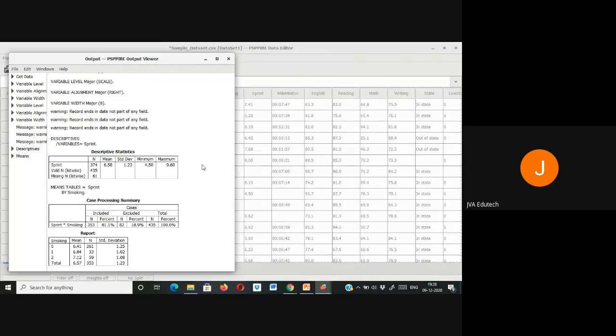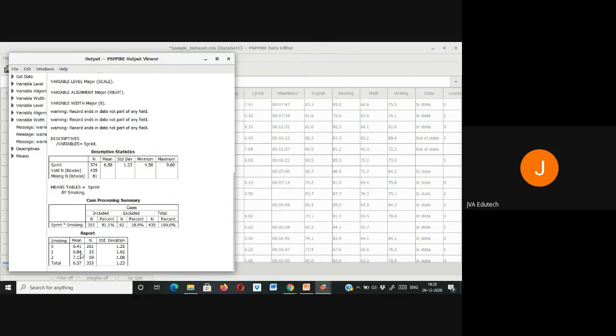This will give you the overall statistics. And here you can see that there is some difference between the mean values of non-smoker, past smoker, and current smoker.